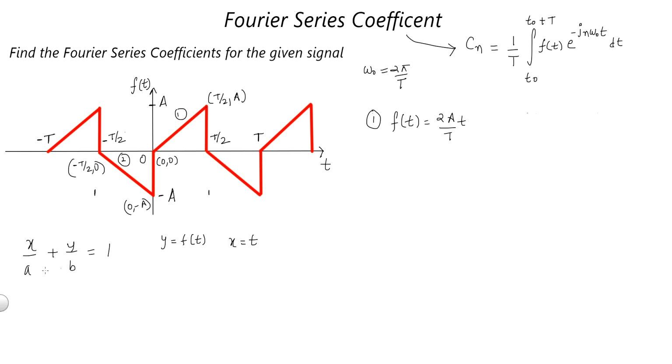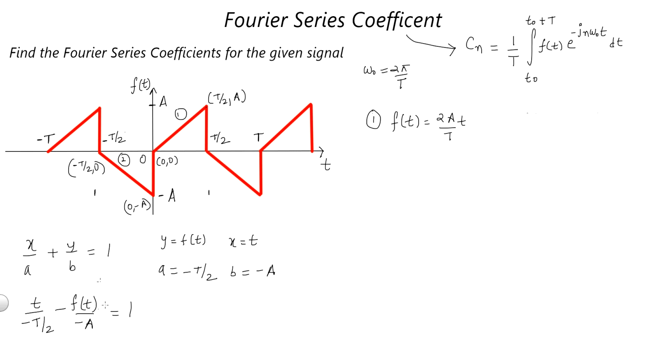Here a and b are the x and y intercepts. So the x intercept is minus T by 2 and the y intercept is minus A. So the value of a is minus T by 2 and the value of b is minus A. Putting the values in this equation, we will have this equation.